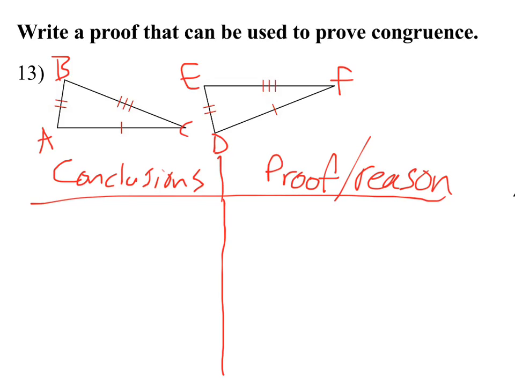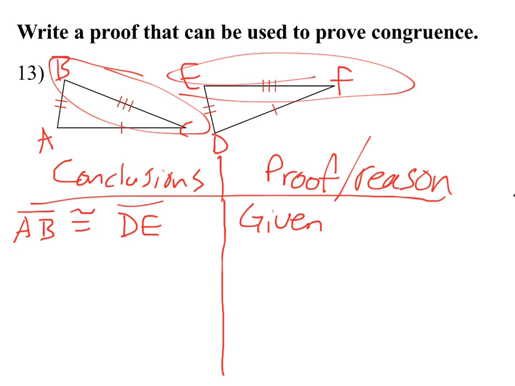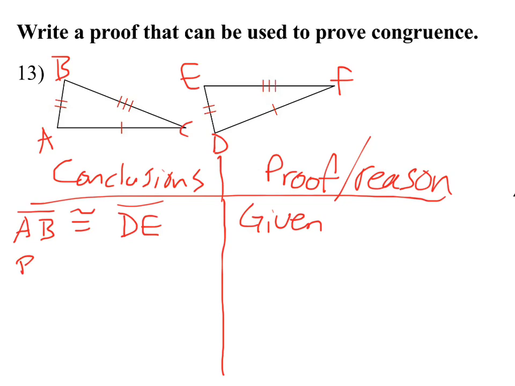So something I know right away is that AB is congruent to DE, and that's given. That's right in the figure. So I'm going to put given down, and then I got BC congruent to EF. And that's also a given. It's right in the picture.